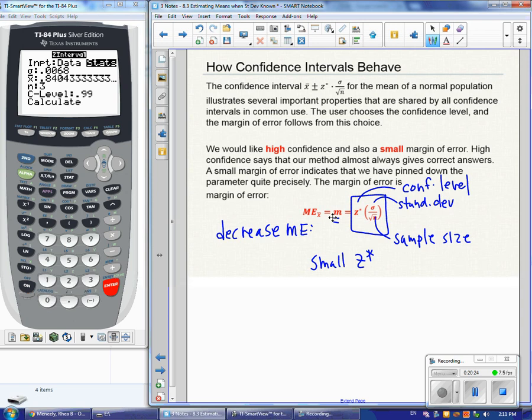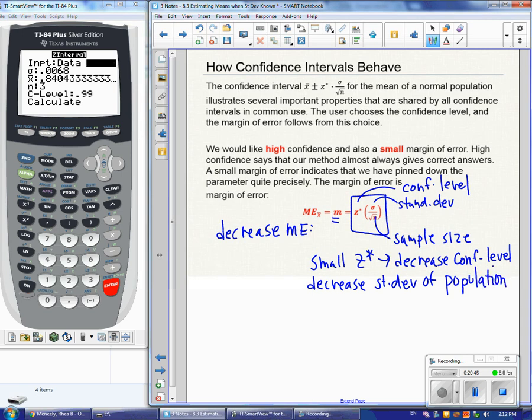If I have a small z, that means I have to decrease my confidence. Okay. I could also decrease my standard deviation of the population, which again isn't something that we can usually do, or I can increase my sample.